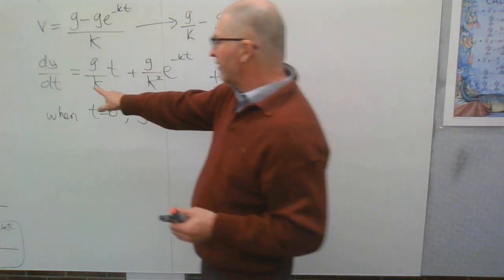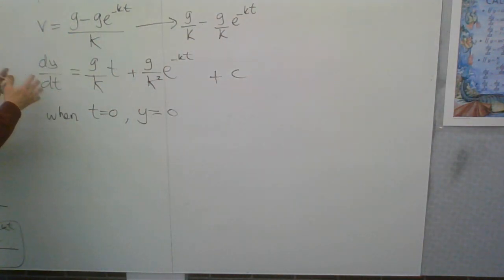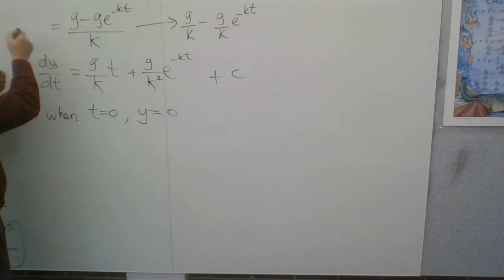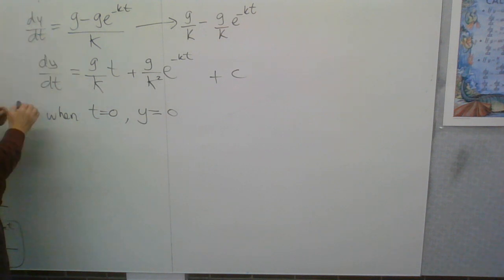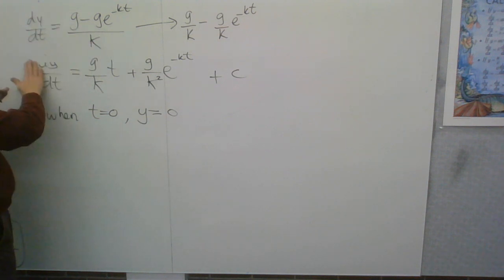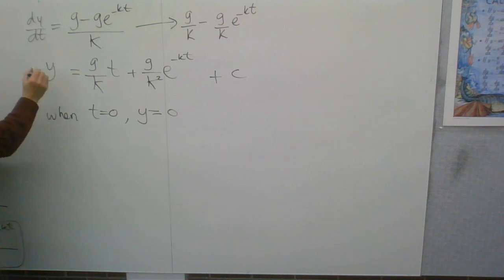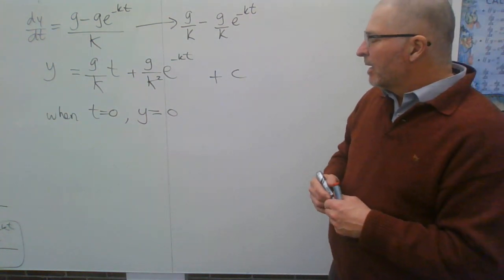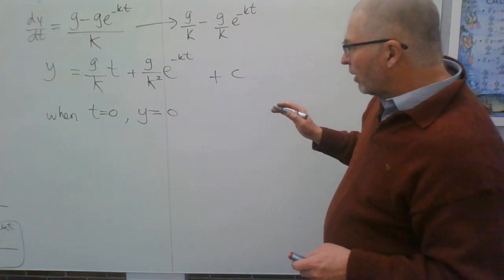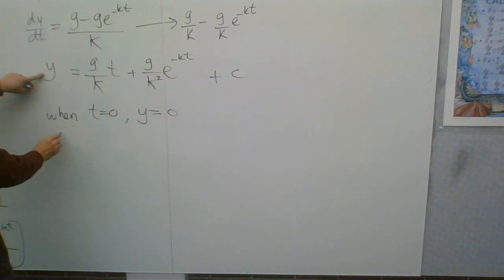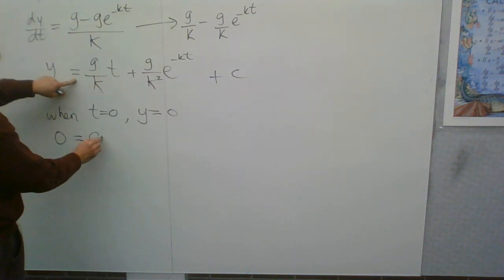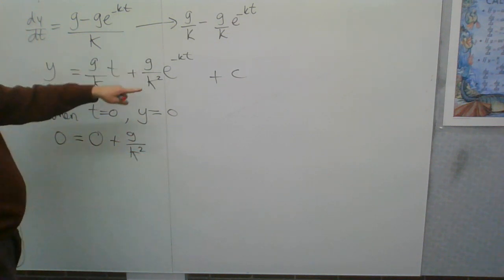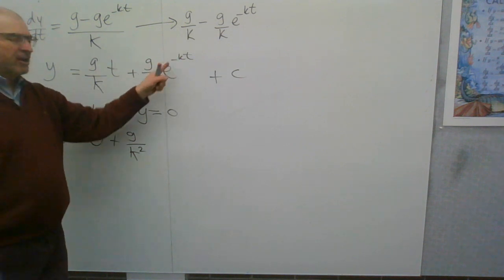Now, I just integrated that, so my notation's wrong here. I'm just going to fix up this notation. v is dy dt. Therefore, if I integrate both sides, y equals that. That's what I meant. So when I put t is 0, I get g on k squared, because e to the 0 is 1.